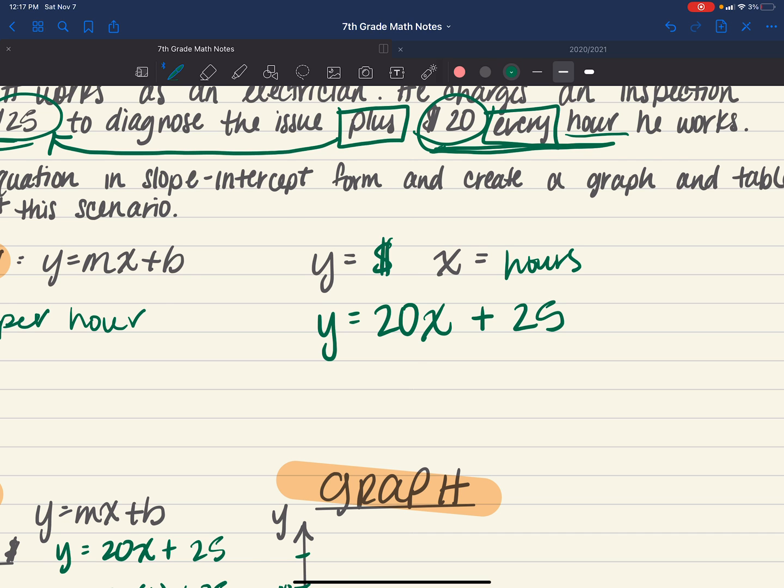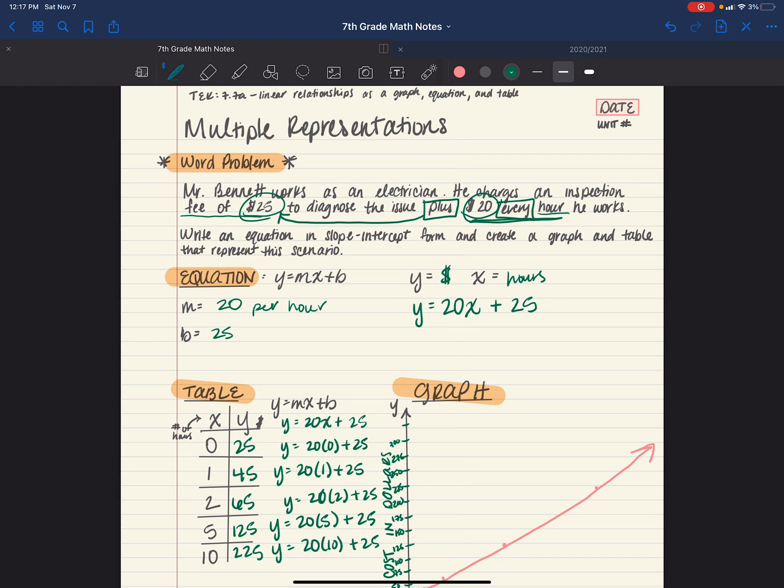So we went from a word problem, $20 every hour that he works plus that $25 diagnostician fee to diagnose the issue. Our $20 was multiplicative because we saw the word every, and every means to multiply by per 1. And then we saw the word plus that $25 fee.